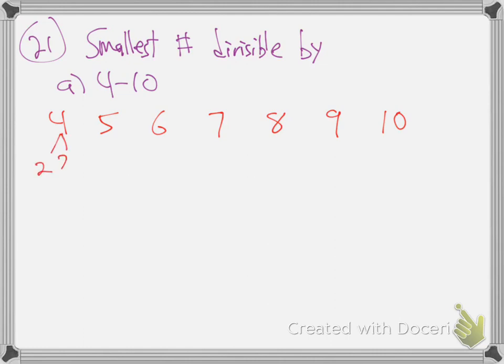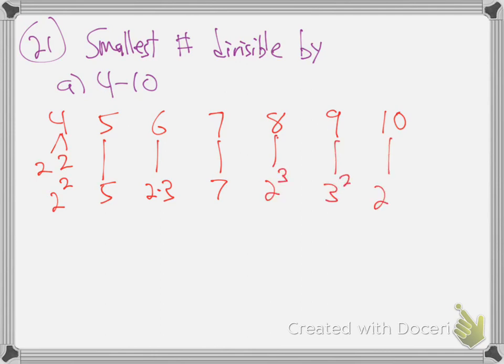So 4 is 2 times 2, so that's 2 squared. 5 is just 5. 6 is 2 times 3. 7 is just 7. 8 is 2 to the third power. 9 is 3 squared. 10 is not 2 squared, but 2 times 5. It's always about primes, isn't it? So we've got the prime breakdown for all those numbers.